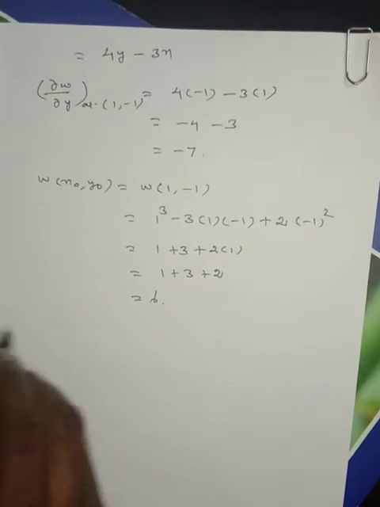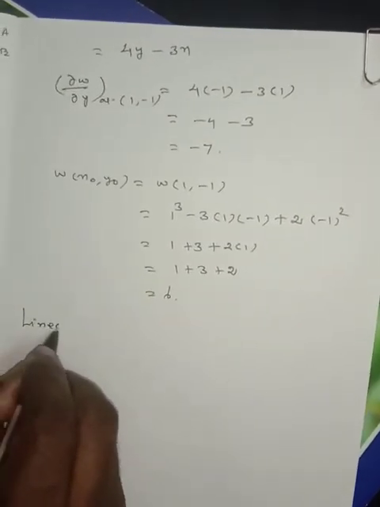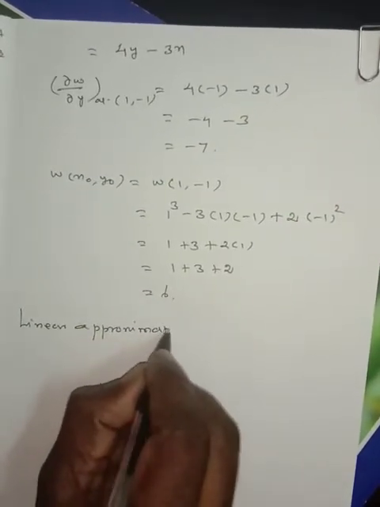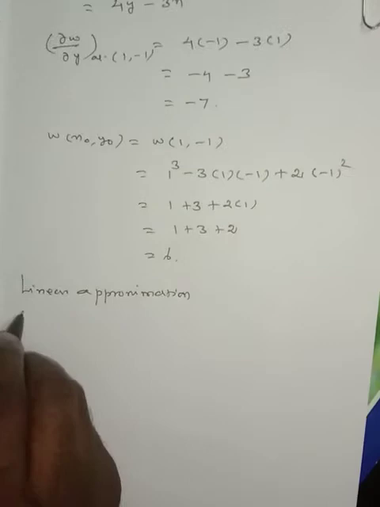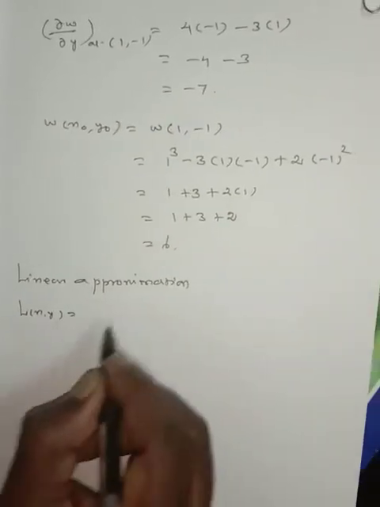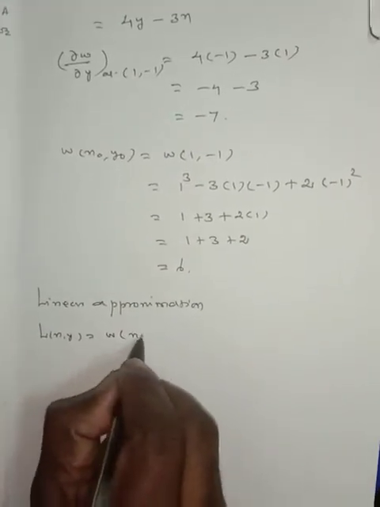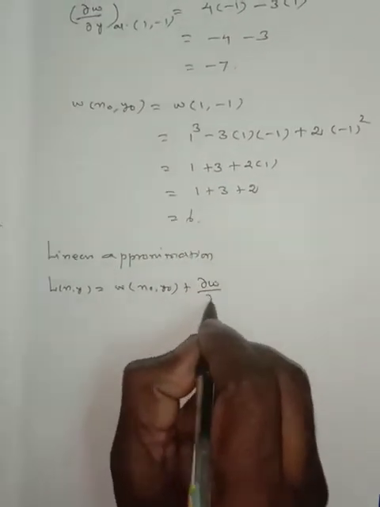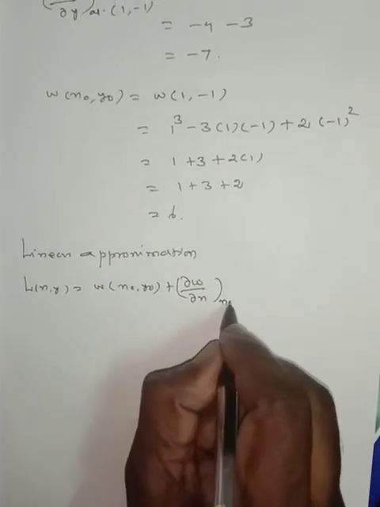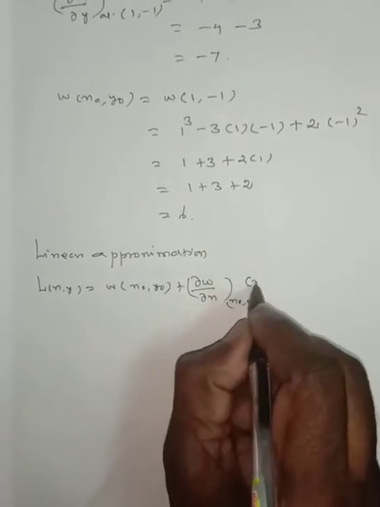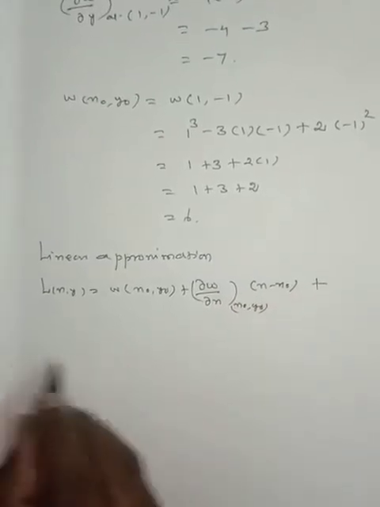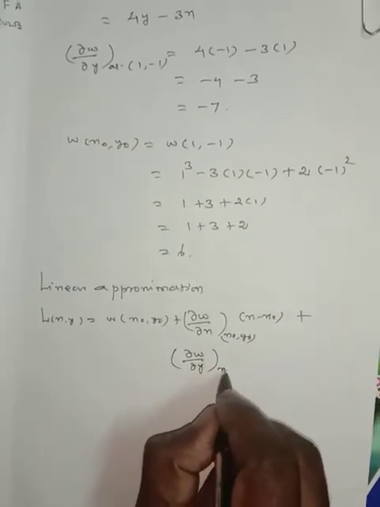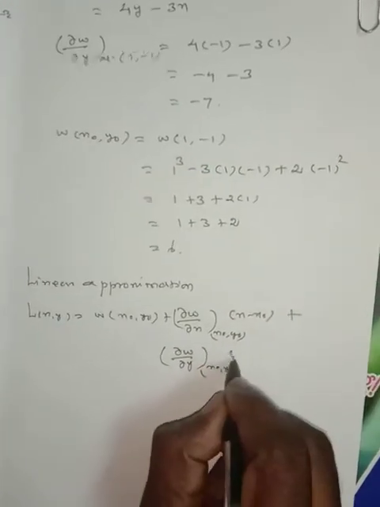Linear approximation L of x, y is equal to w of x naught comma y naught plus dou w by dou x at x naught, y naught into x minus x naught plus dou w by dou y at x naught comma y naught into y minus y naught.